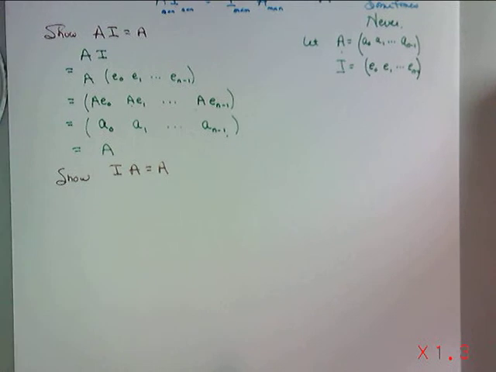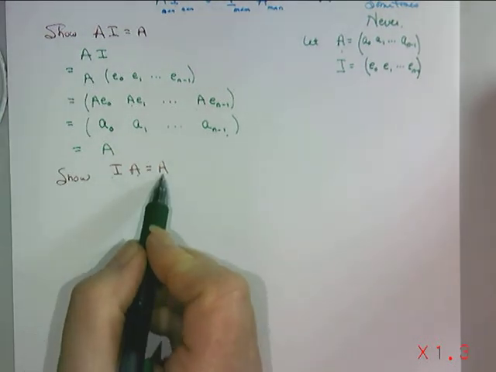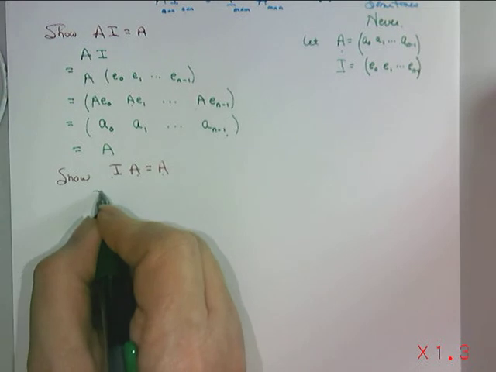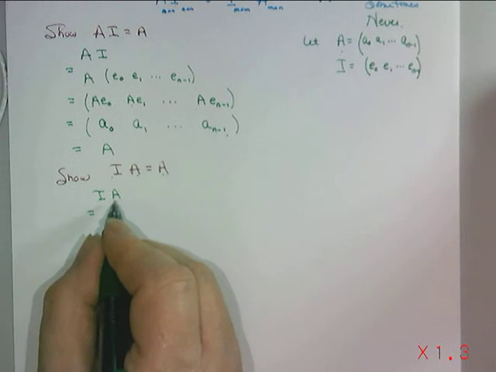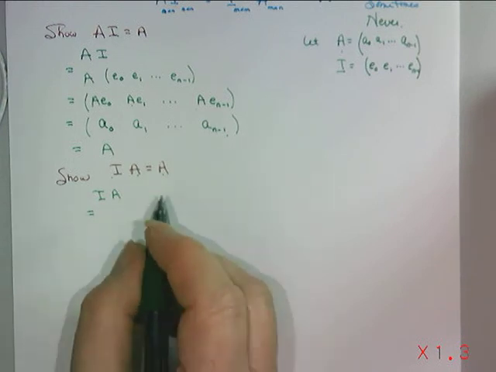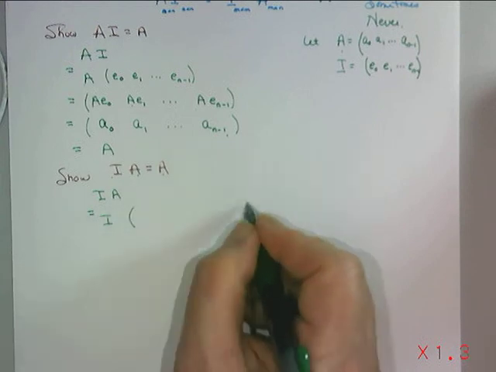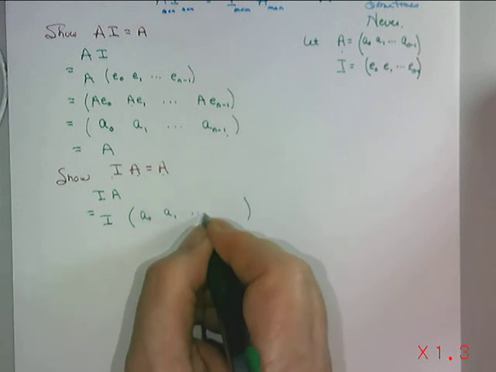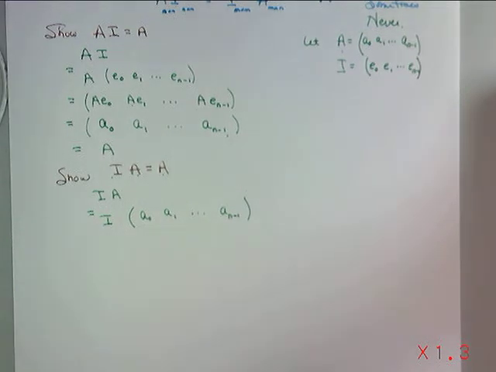Now we need to look at what the identity matrix times A is and show that that's also equal to A. So all three of these will be the same matrix. Well, let's check. If I look at the identity matrix times A, again what I'm going to do is slice A by its columns. This is equivalent to the identity matrix times the matrix with columns A sub 0, A sub 1, and so forth, out to A sub n minus 1.